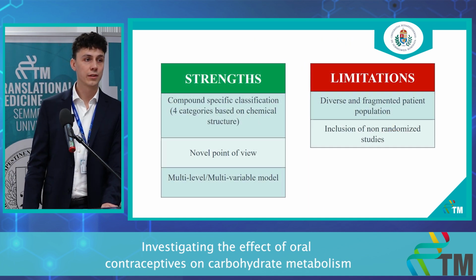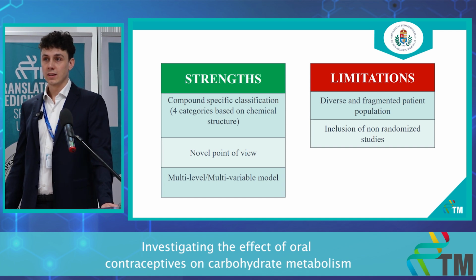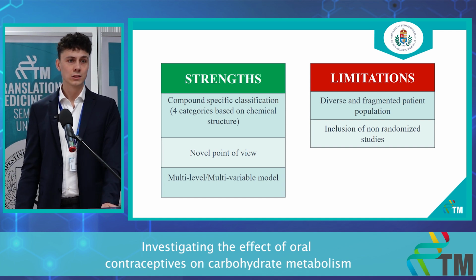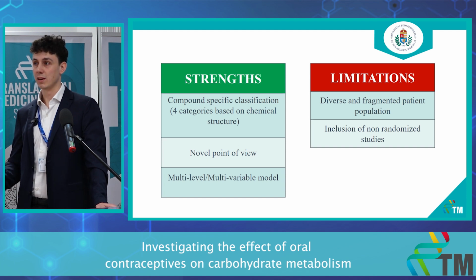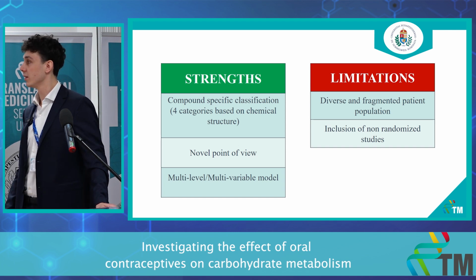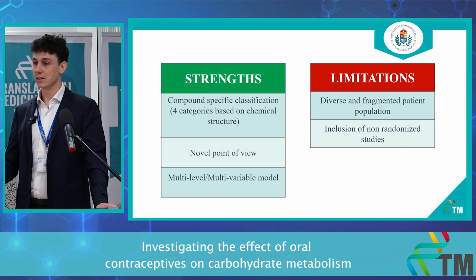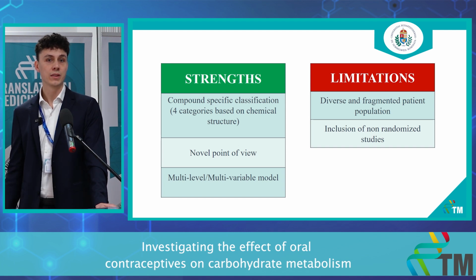The strengths of my article would be that it's been suspected that oral contraceptives have an effect on carbohydrate metabolism, but us creating these four groups and categorizing them based on chemical structure allows us to look at them individually and compare them to each other.